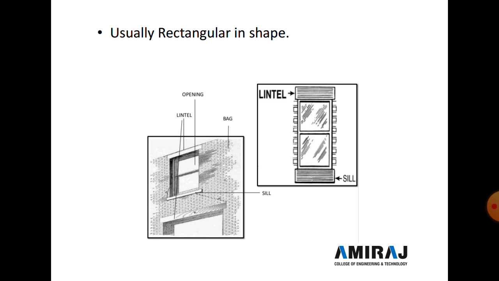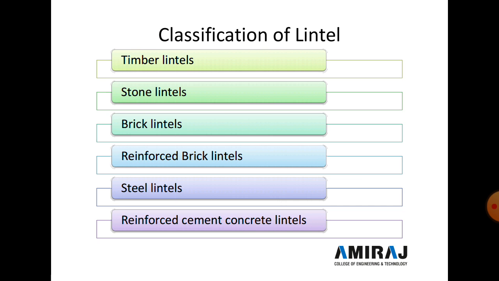See this figure: the width of the lintel is exactly the width of the wall, and the ends are built into the wall. In the figure, on both sides of the ends some extension is provided. This extension is built directly into the wall for gripping purposes.